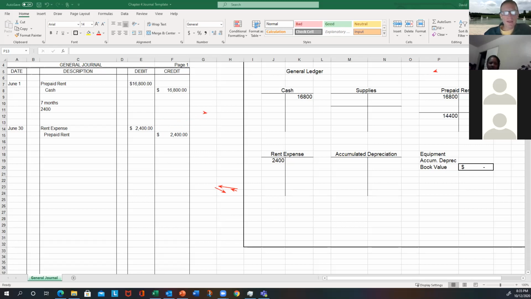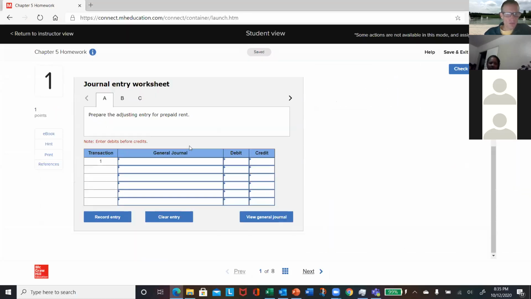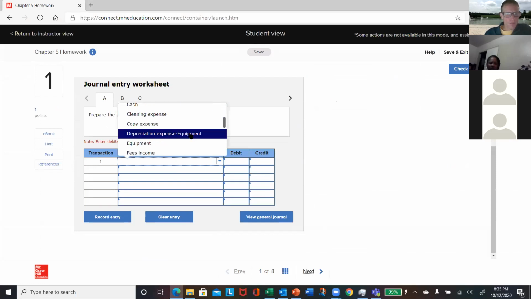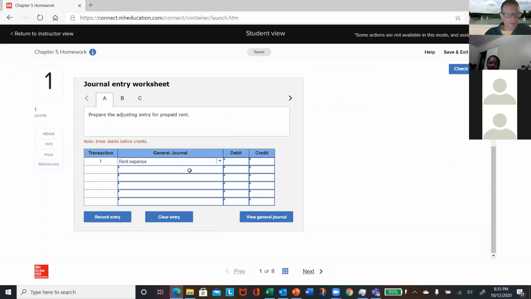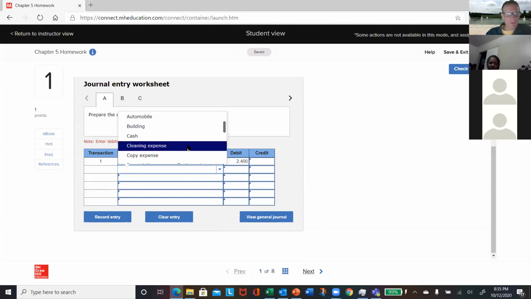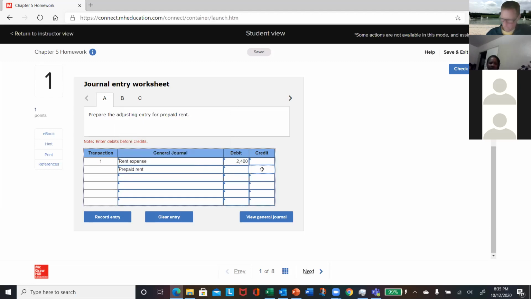All right, now if I go back to Connect, here's how you do it. In Connect, you go down, just like we did before, and find the little drop down arrow. I'm looking for rent expense right there, and you say 2,400 debit. And then I'm going to credit prepaid rent right there.